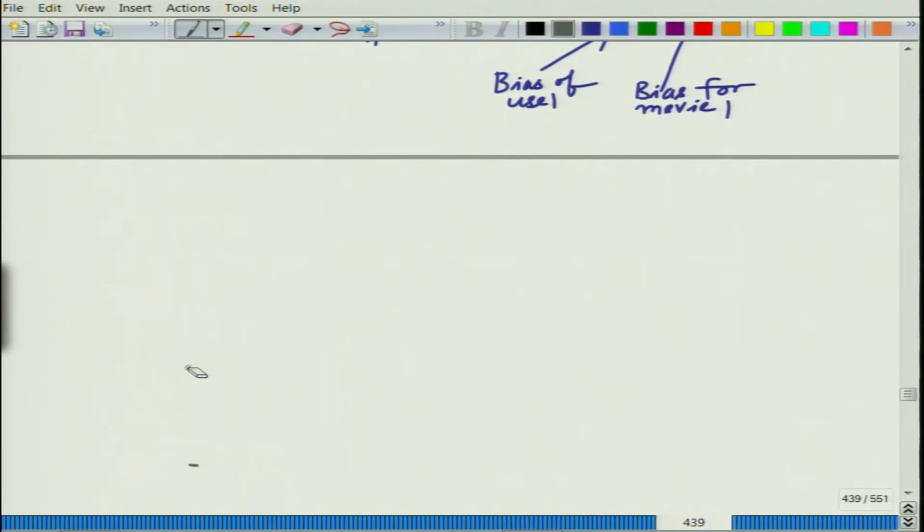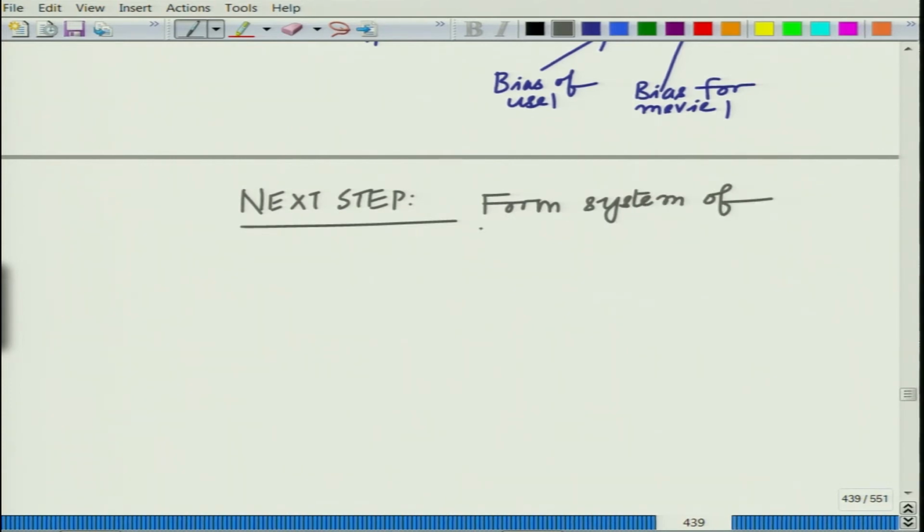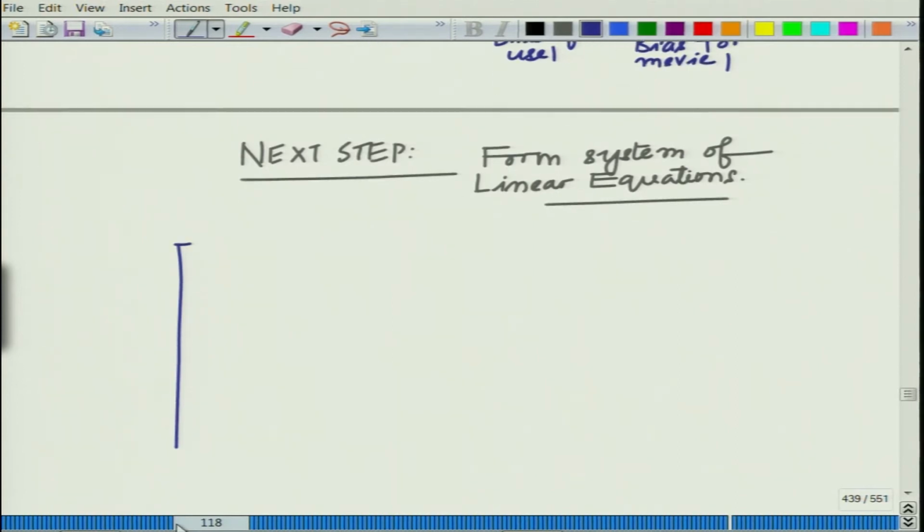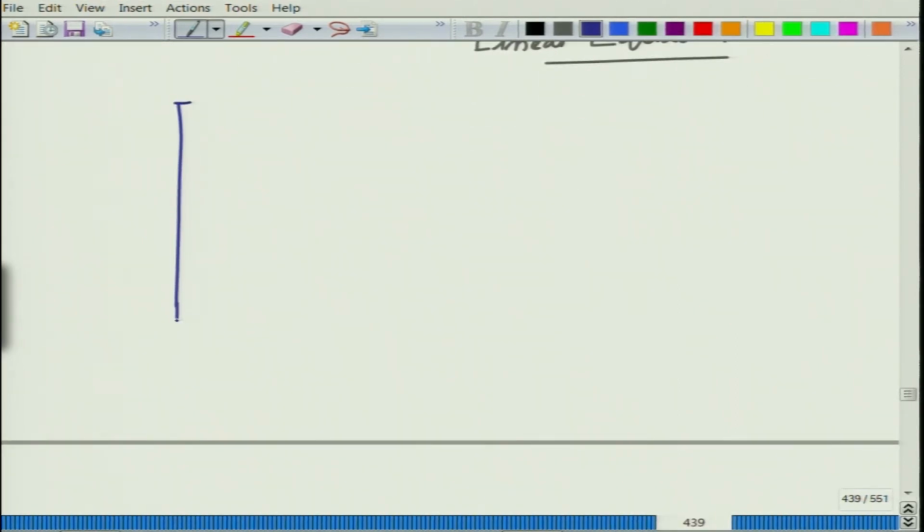So, the next step is to form the system of linear equations which explains the ratings, and in this you have the vector which is all the available ratings after removal of bias.